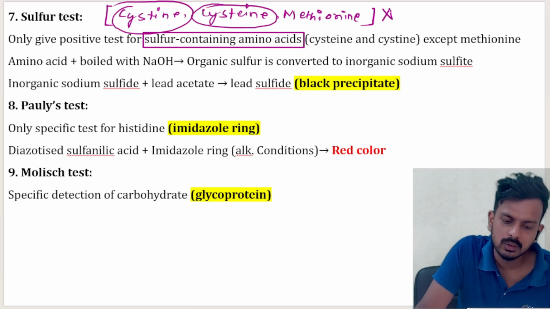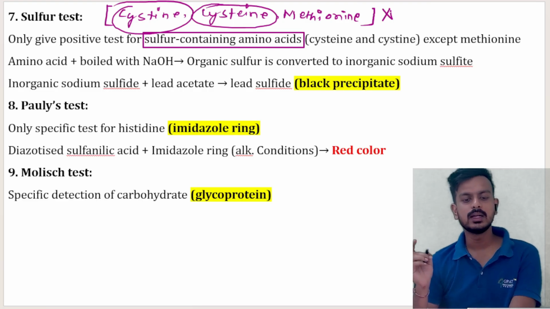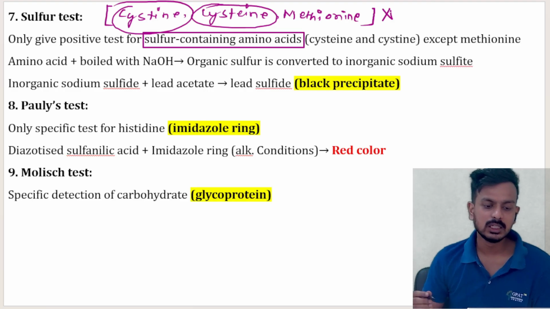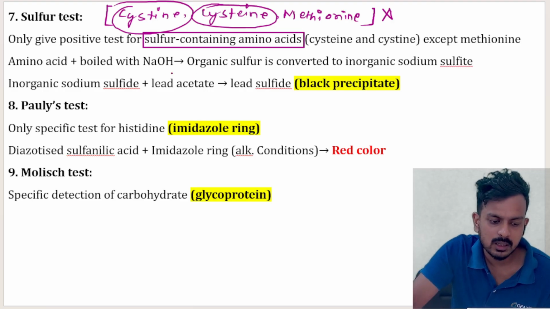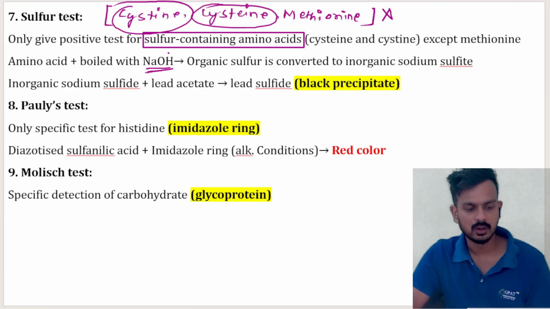not for methionine, because there is a concept why it does not give a positive test for methionine: methionine is never hydrolyzed in the presence of alkali. So due to that reason, methionine does not give a positive sulfur test.